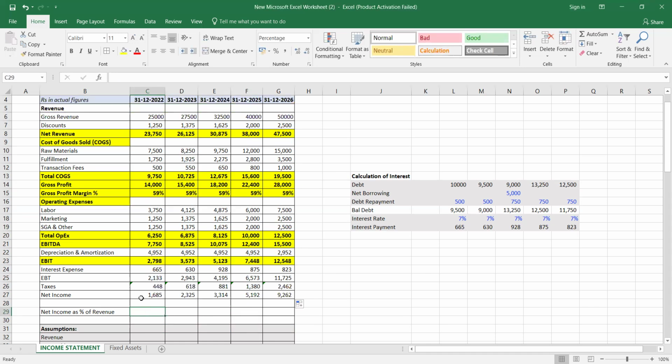So as a percentage, equal to select this net income divided by your gross revenue, enter. Then you will get the percentage of net income. This is how you are going to prepare the income statement. Okay.